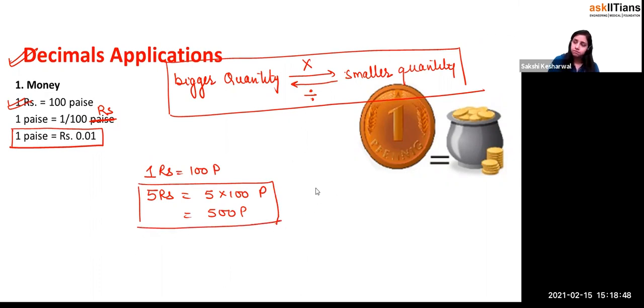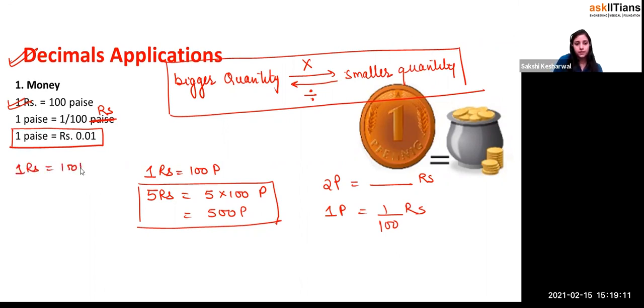Now if I say 2 paise is equal to how many rupees? We know that 1 paise is equal to 0.01, or we can say 1 paise is equal to 1 by 100 rupees, we divided it. 1 rupee is equal to 100 paise, and 1 paise is equal to 1 by 100 rupees.